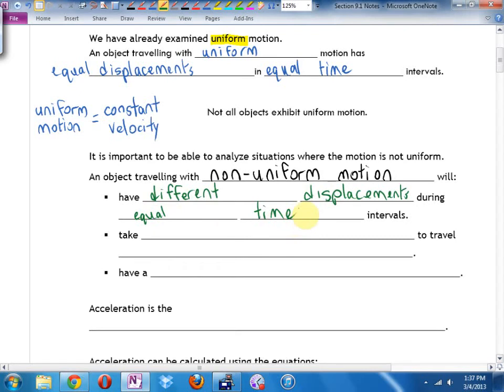So if in the first second it traveled 20 meters, and in the second second it travels 40 meters, that's not uniform motion. It's sped up. If in the first second it traveled 20 meters and in the second second it traveled 10 meters, that's not uniform motion. It slowed down.